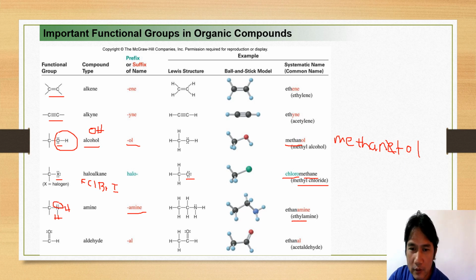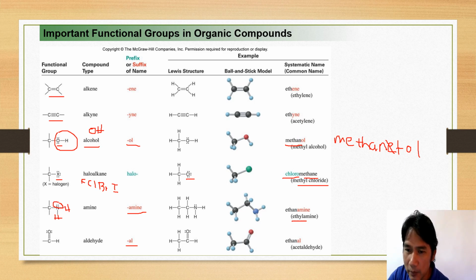Then next we have aldehyde. Aldehyde ends with -al. You just have to put al as a suffix to the root word. Remember, the root stands for the number of carbon atoms in a molecule.